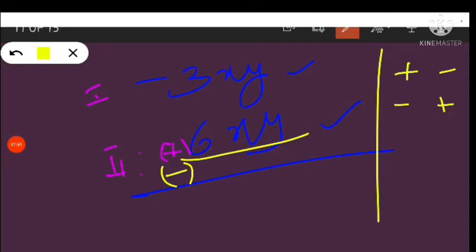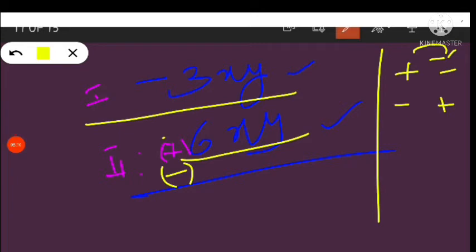Here a plus sign is there, so we follow the first rule and change it to minus. So I have changed it to a minus sign. Now after changing the sign, did you observe anything? The first term is minus 3xy and the second term becomes minus 6xy after changing the sign.